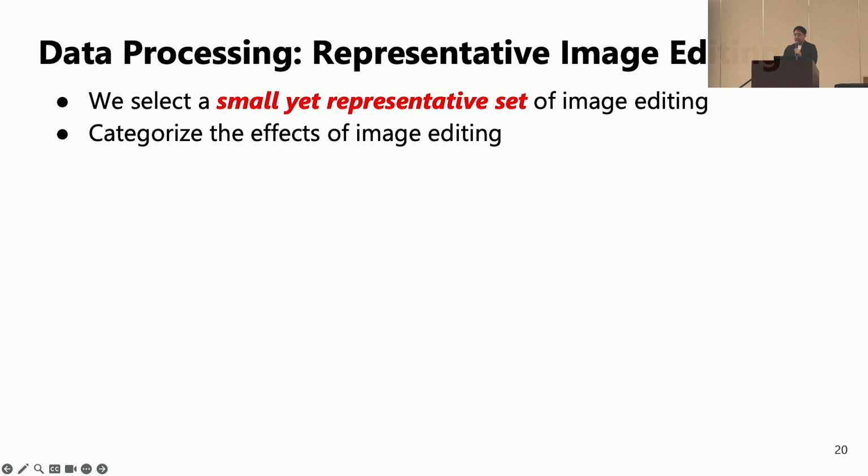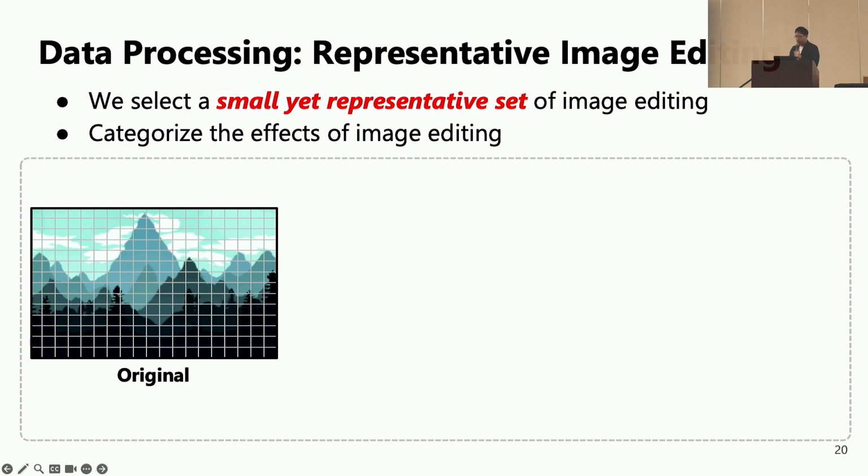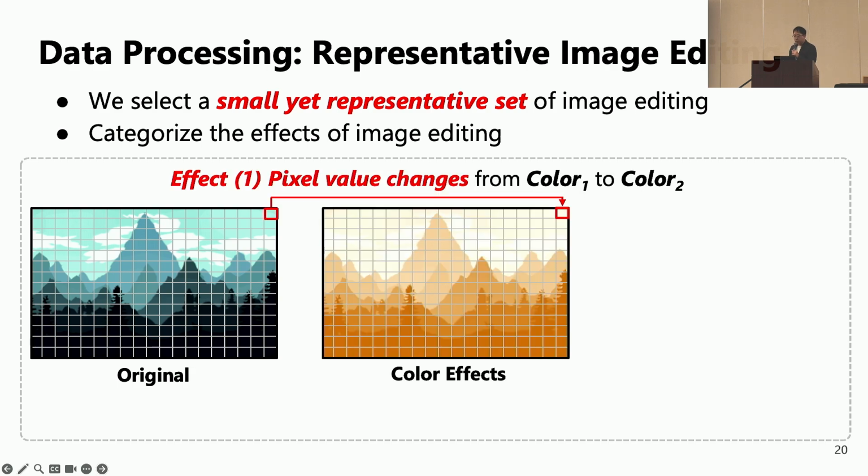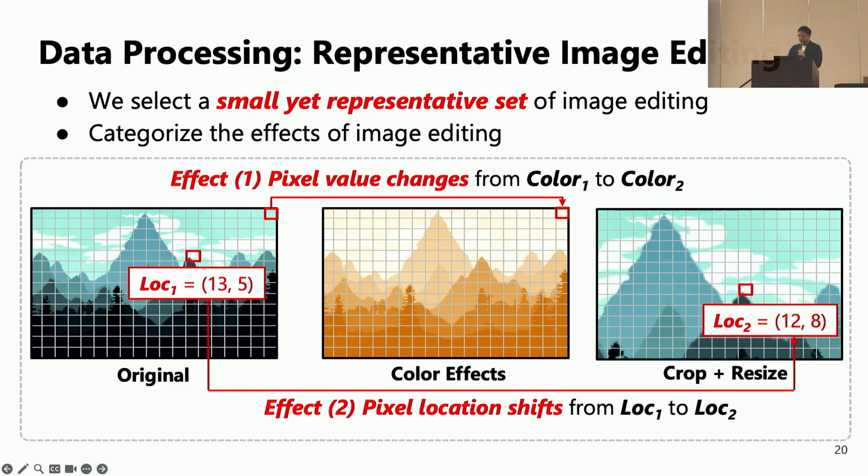Our approach starts by categorizing editing effects into 3 groups. The first one is pixel value changes, which refer to color alterations. The second is pixel location shifts, which affect the position of image content and key points, such as the mountain tip. And the third is operations that involve both effect 1 and effect 2.